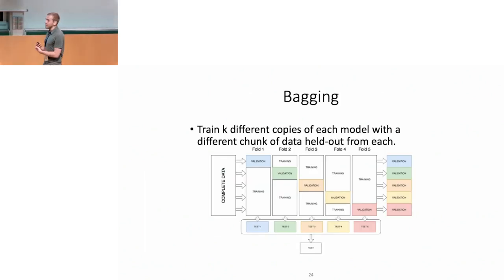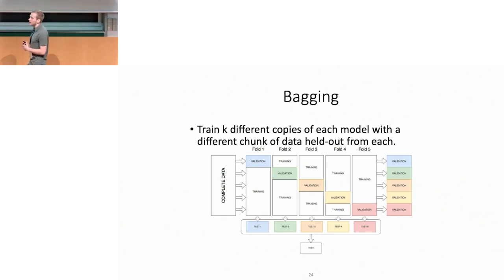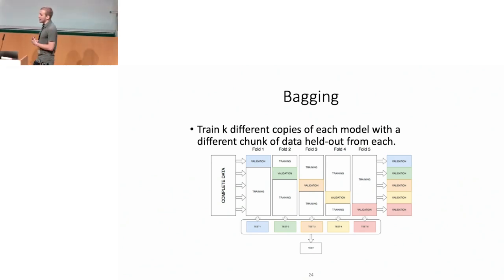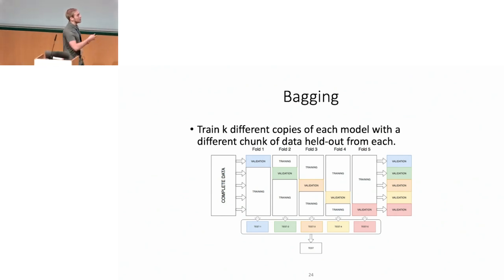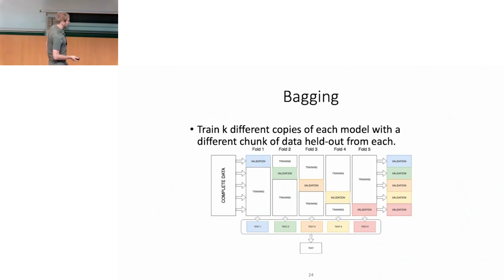Then we use a technique called bagging. Bagging is when you train the same model across your data multiple times, basically doing different splits. Now, you can think of a random forest as an example of a bagged ensemble model. But here we do it in the sense of cross-validation. And we do this for a very particular reason that I'm going to show you in the next slide.